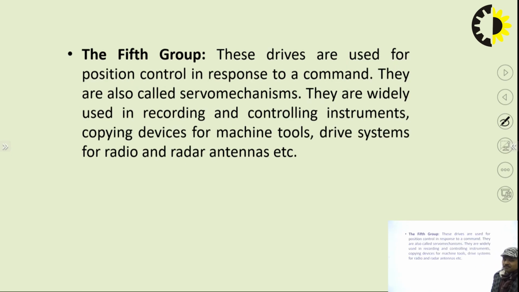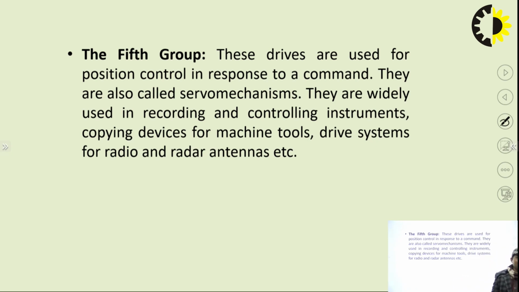Now in the fifth group, these drives are used for position control in response to a command, so they are also called servo mechanisms. For position control we mostly use servo motors, and sometimes stepper motors, but in most industrial applications and power plants where position control is a very critical component, we use the servo mechanism.